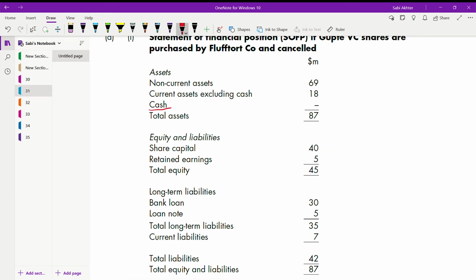This will be included. Most of it, 100% cash will be there after your reconstruction. It will not be there in your original financial position. And also your return on share capital will change. So these are the places where the change will occur: non-current assets, sometimes bank loan, right?